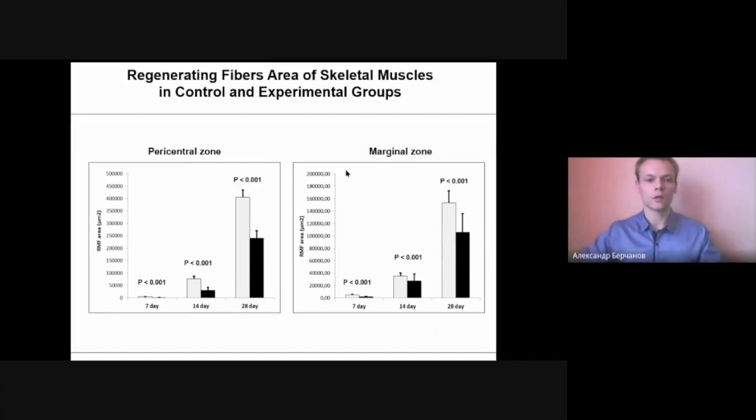Morphometric analysis also showed that the total area of regenerated muscle fibers in rats with chronic hyperglycemia was significantly lower compared to animals without metabolic disorders in both observation areas.